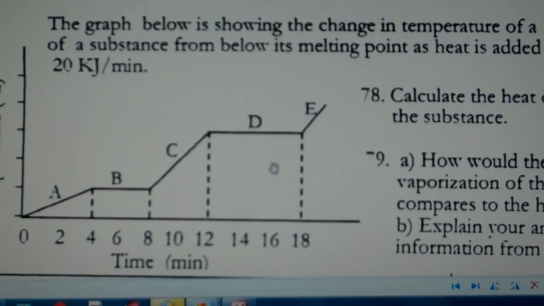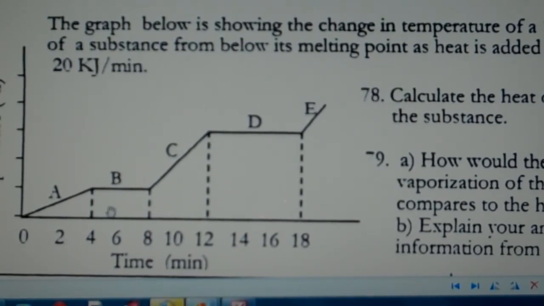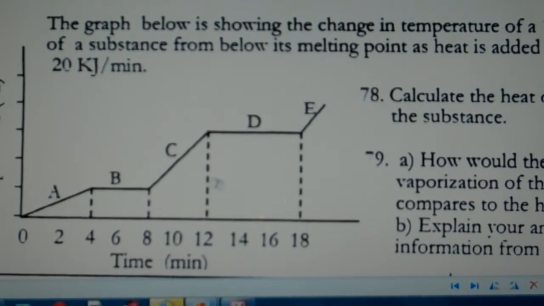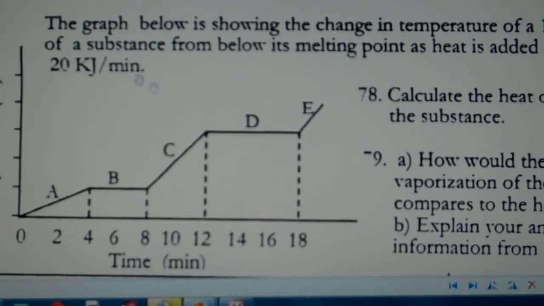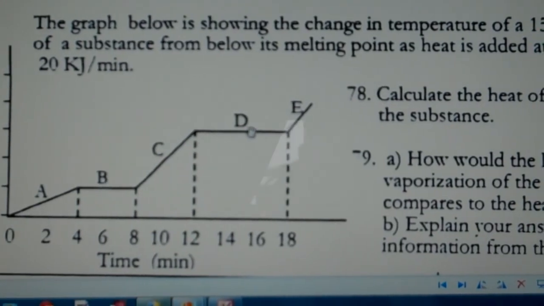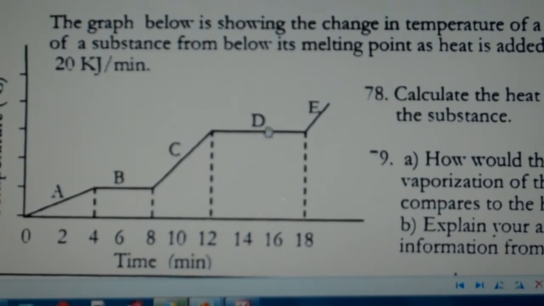So that takes 6 minutes versus B, which takes 4 minutes. So if you have 4 minutes versus 6 minutes, and you multiply 20 kilojoules per minute, well, D is going to need more energy than B would because it takes longer. So HV is greater than HF for part A.